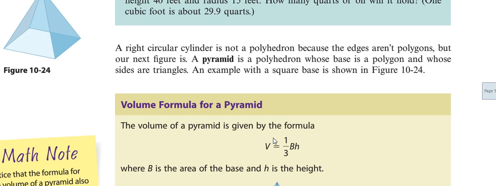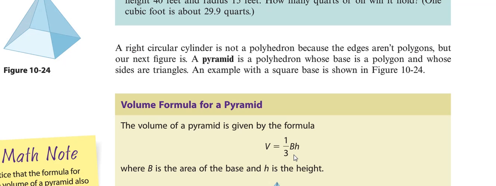Now, the formula for the volume of a pyramid, if you want to figure out how much space is on the inside of a pyramid, then you use this formula here. V equals 1/3 big B times H. And here, big B does not stand for the base.